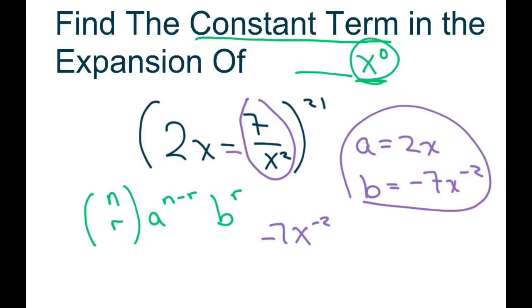And then all I'm going to do is plug it into the formula and set it to x to the 0. So here we go. Let me write it down again. We have (2x minus 7 over x squared) to the 21st power, so my n is 21.